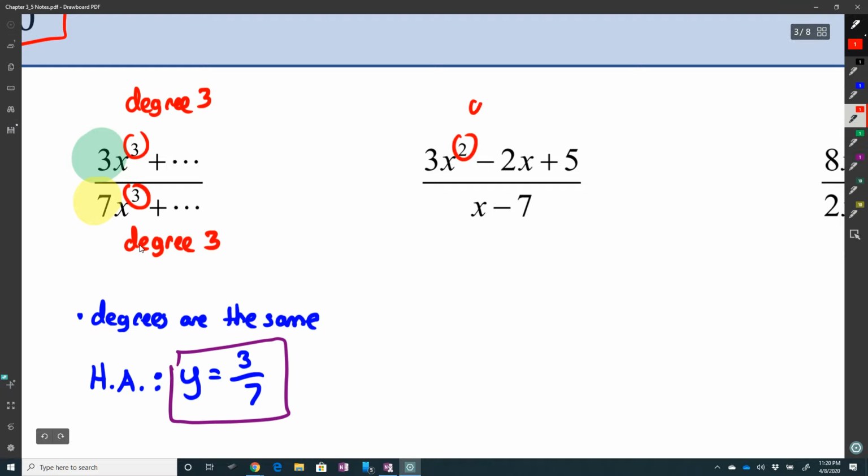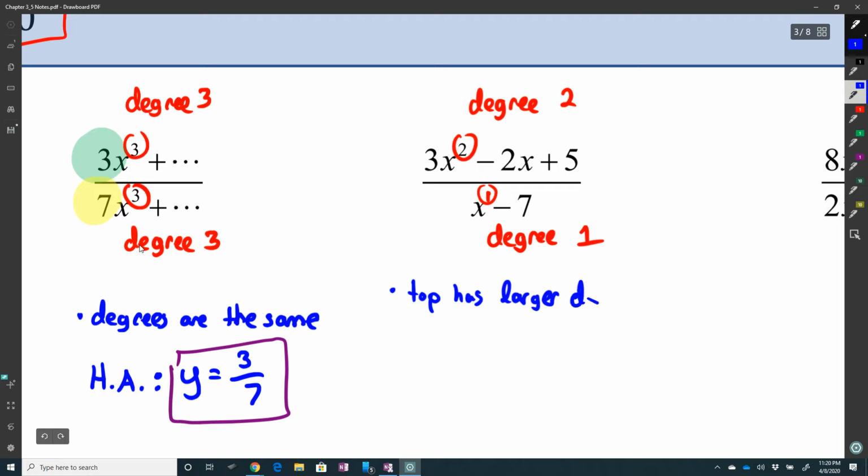Notice here I have degree 2. Here the exponent is a 1, degree 1. And we would say that the top has a larger degree, but only by 1 more.